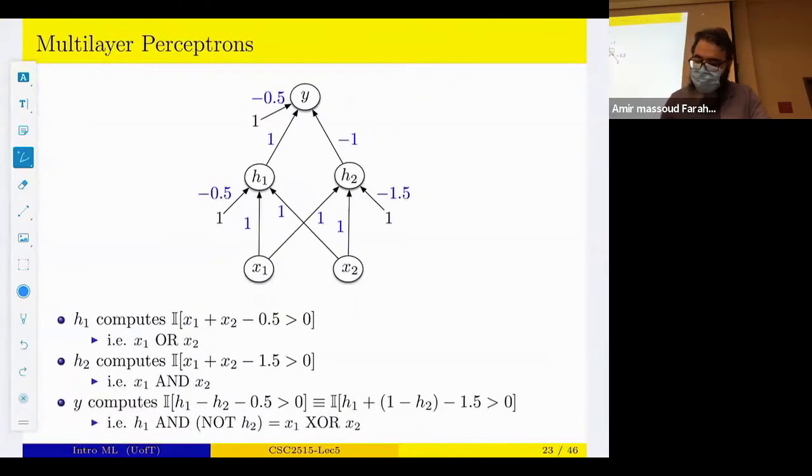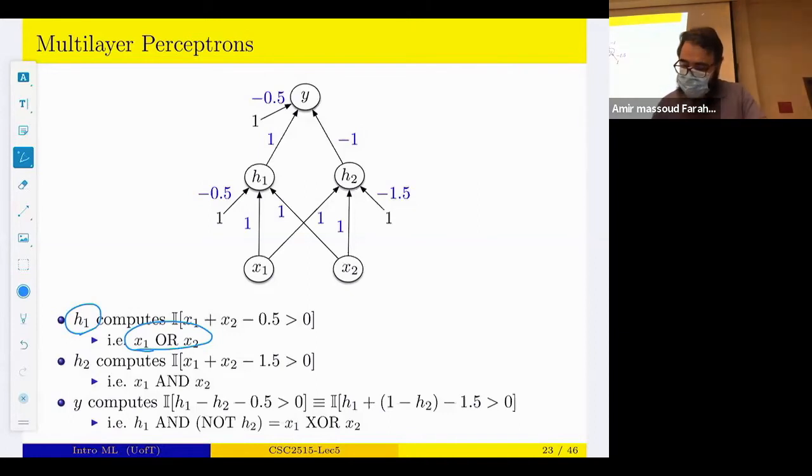Okay, so we can look at each of these hidden units as computing some simple binary manipulation on the inputs. Let's see how we can make H1 compute X1 OR X2.